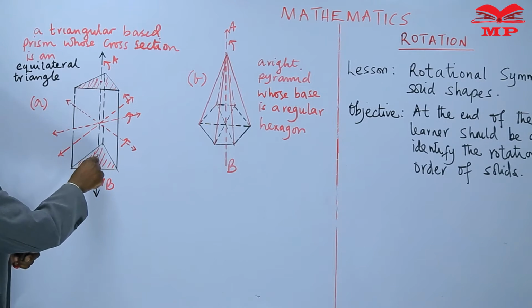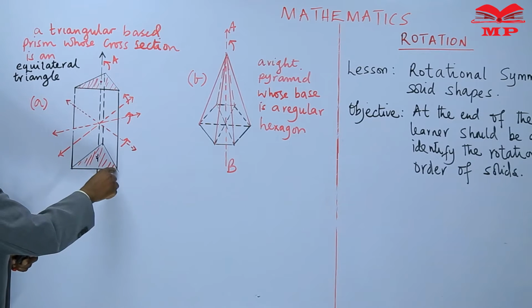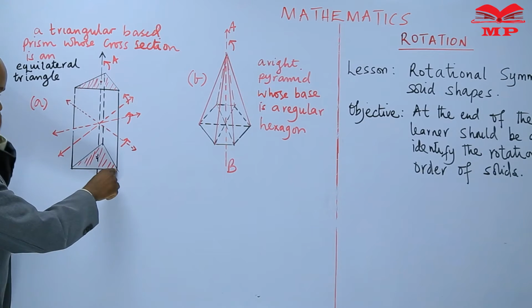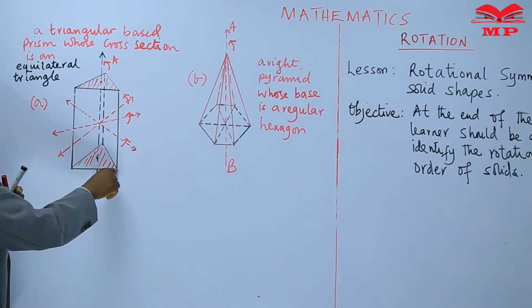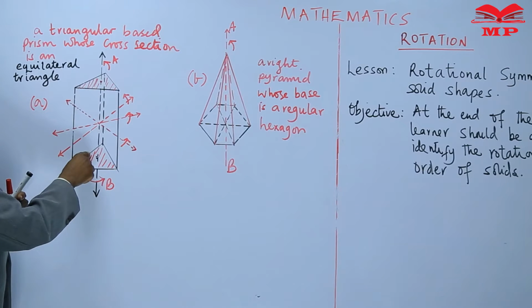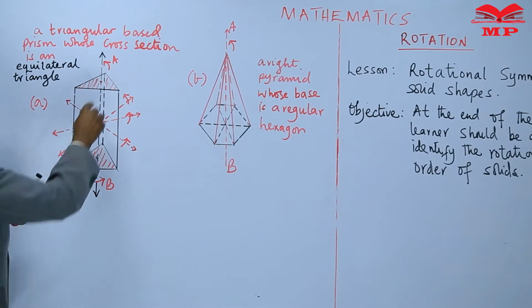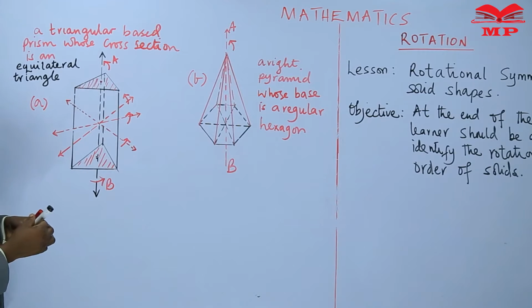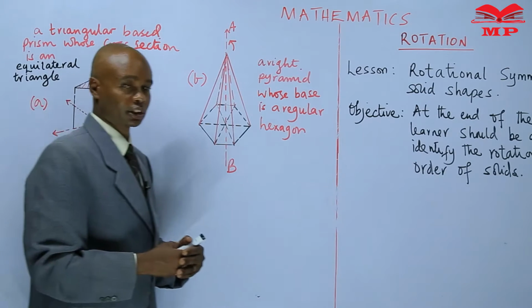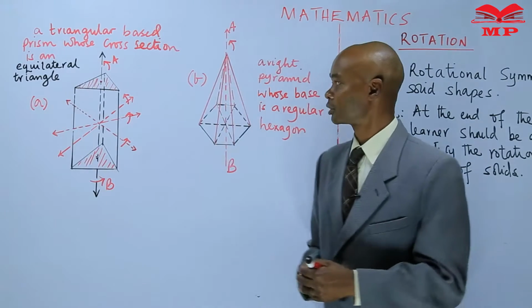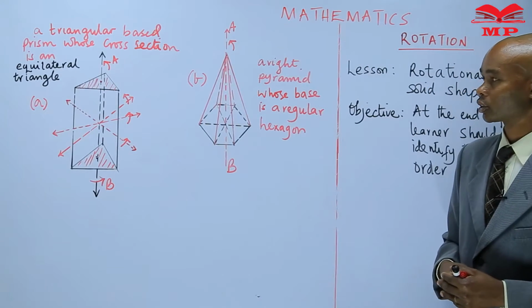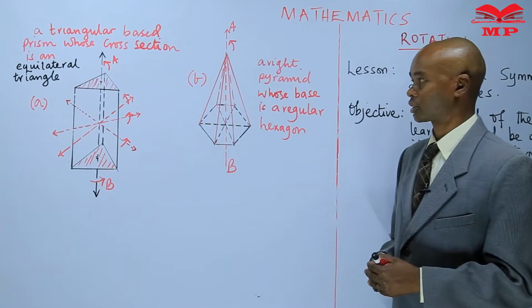And this center was found where lines were drawn from the vertex to the median of each side. That's where you got that intersection. So from that intersection, you can see 3 horizontal axes.